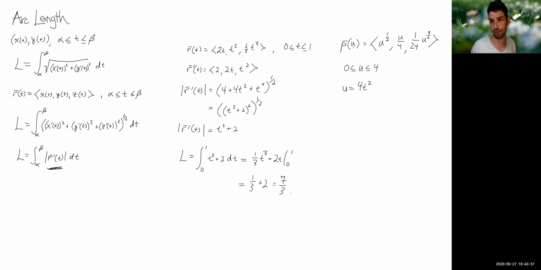I'm going to leave that for you to check for yourself with this parameterization. See if you can compute what we just did only using what we have here, and see that you get the same length.